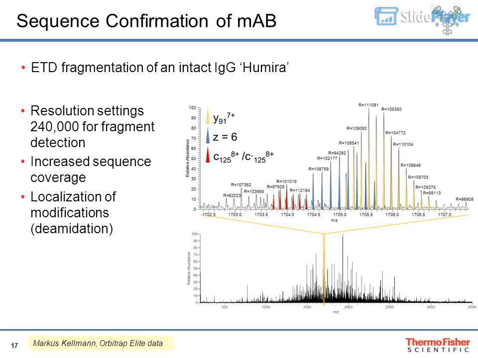Load 5 micrograms on column. Gradient 20 to 80% B in 10 minutes, 0.1% FA. Column overloaded, elution time about 5 minutes. Dissolved in water, 1 microgram/uL, injected 5 ul. Marcus Kellmann, Orbitrap Elite data.